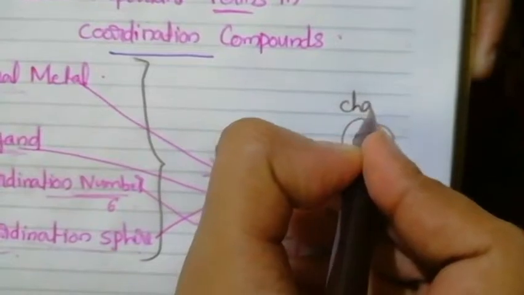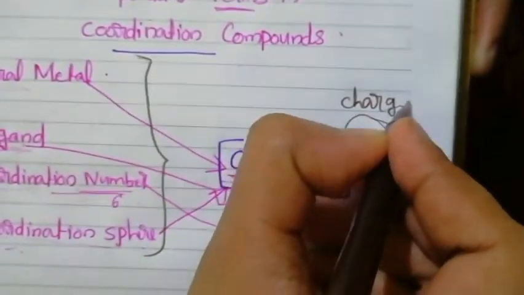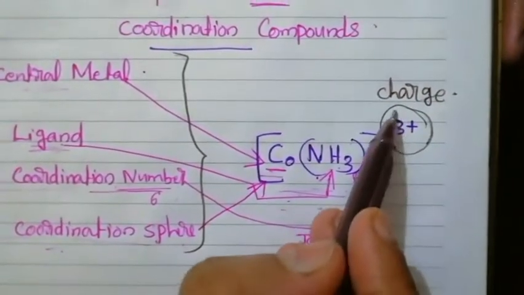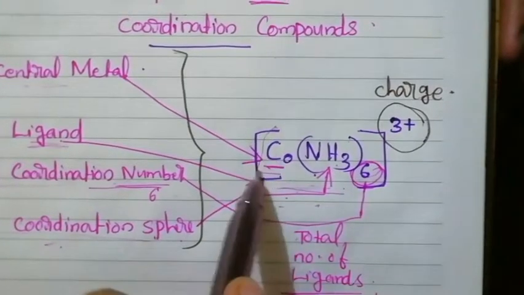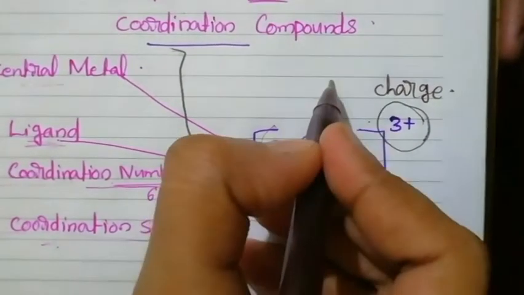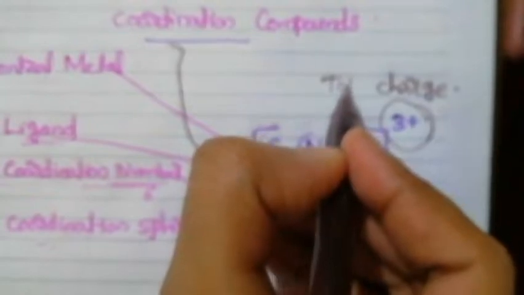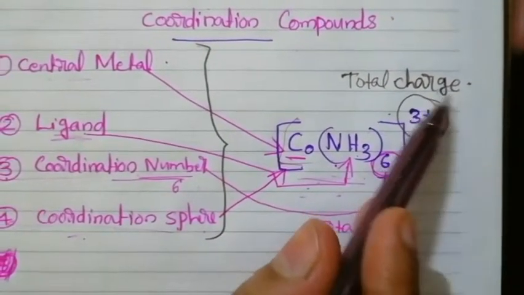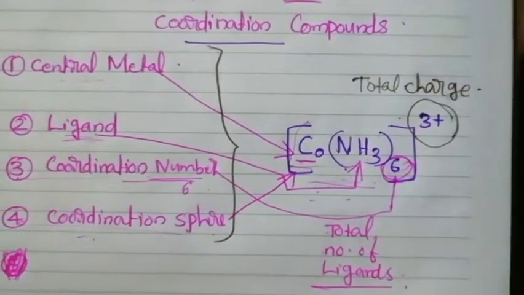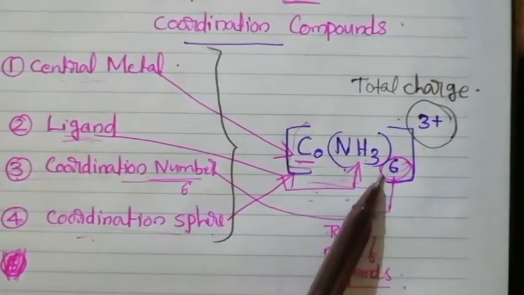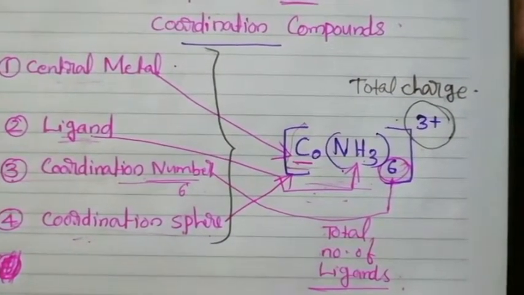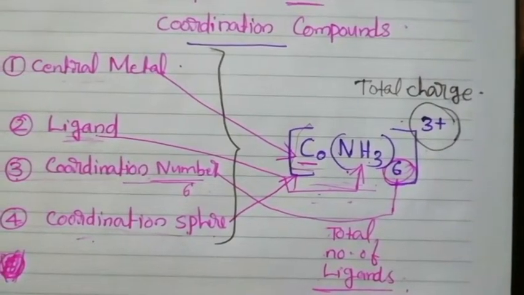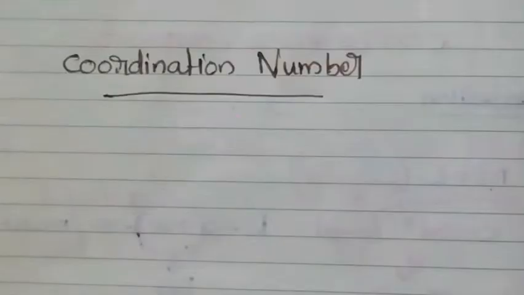That is the total charge of this compound. Some compounds are positively charged, some negatively charged, and some may be neutral. So this 3+ represents the total charge of this compound. I hope it's clear: central metal cobalt, ligand NH3, coordination number 6.